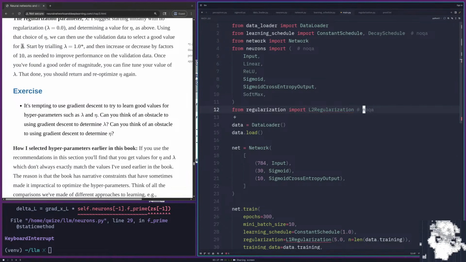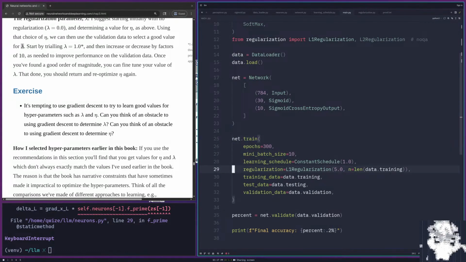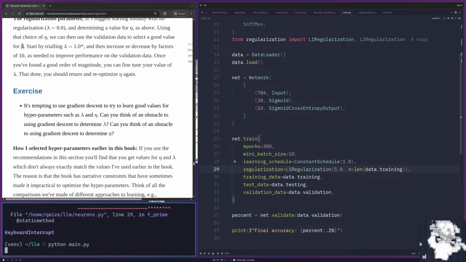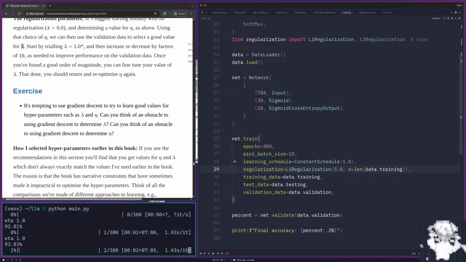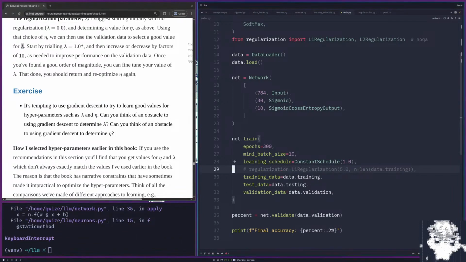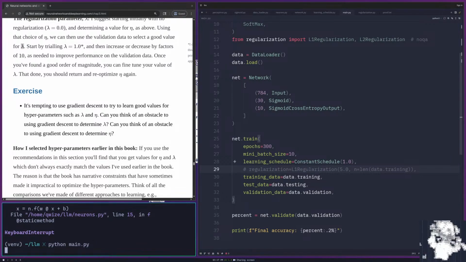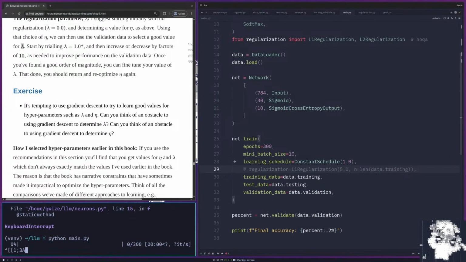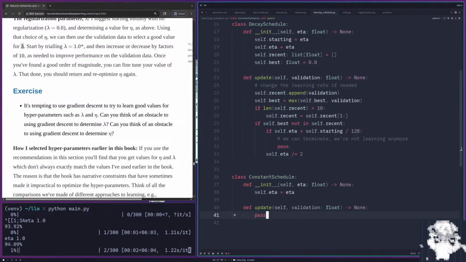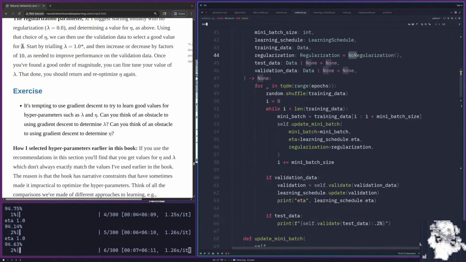Let's add a noqa here because I want to be able to import stuff even if I don't use it. L1, does that work? Yep. No regularization. So this should use the default parameter, which is no regularization. Nice.